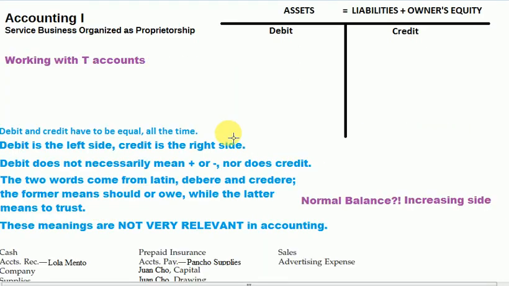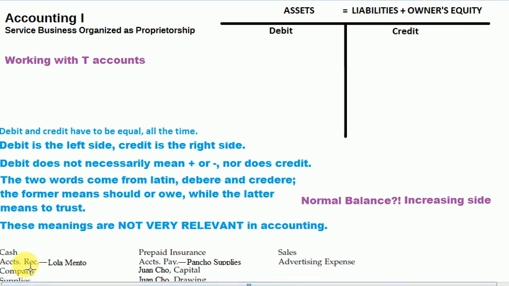Basically, the assets increase on the debit side. All the asset accounts increase on the debit side. Cash is an asset. It has value and it is owned by the business. It has the normal balance on the debit side.